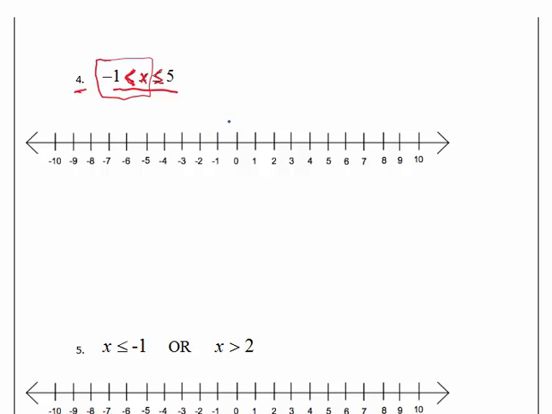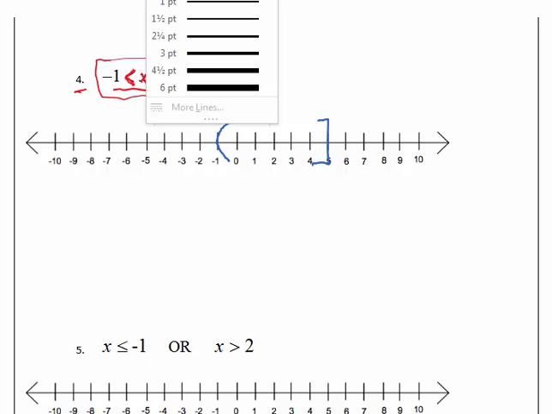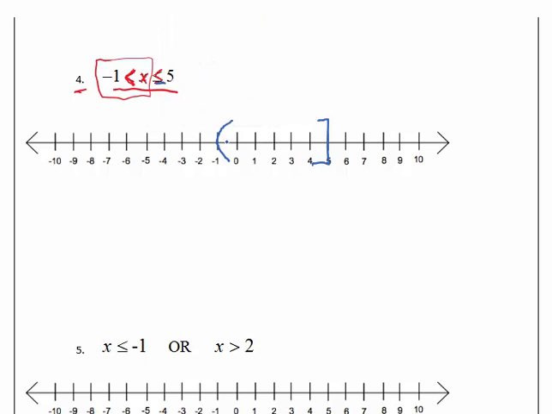So I find -1, there's no underscore there. So I draw a parenthesis. I find 5, there is an underscore here. So I draw a bracket. And that's the graphical representation of that inequality. That right there is where X lives, in between -1 and 5, right?